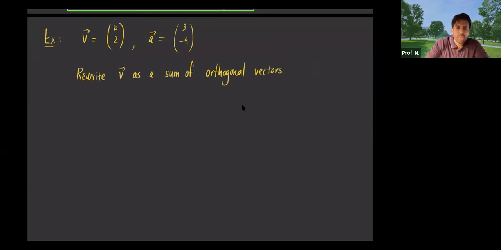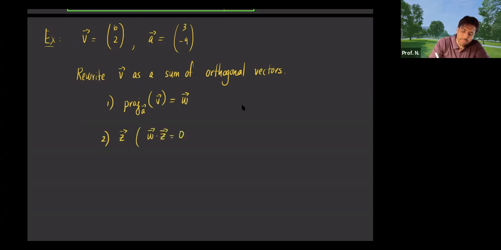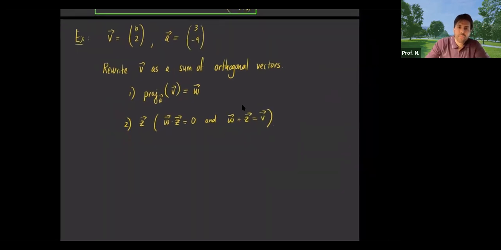One of those vectors will be the projection of V onto A, and I'm going to call this the vector W. And the second one is to find the vector Z, which will be orthogonal to W and whose sum gives me V.